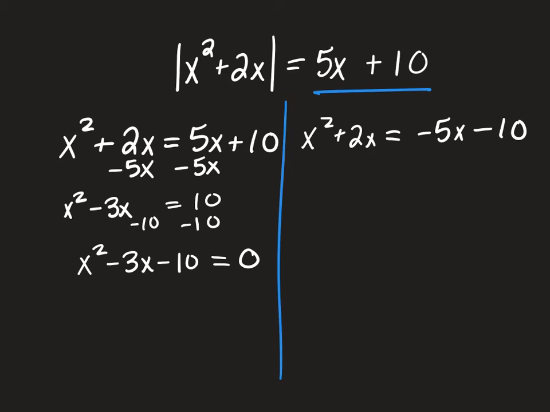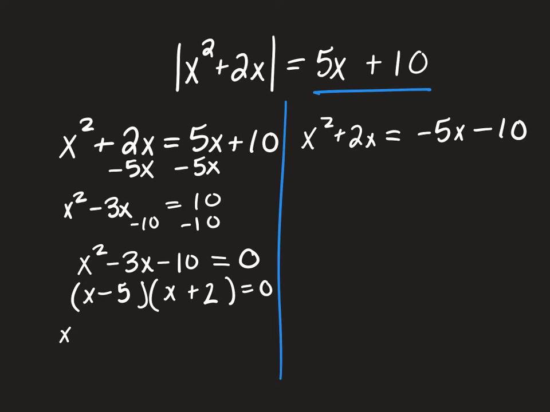Right, so you can either factor or use the quadratic formula. In this case, I think it would be fairly easy to factor. So we're looking for our factors of 10 that are going to give us 3, and we need one positive, one negative. So we can use 2 and 5. So we can do x minus 5 and x plus 2, because negative 5 plus 2 is negative 3.